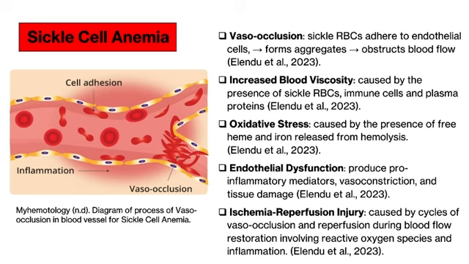Cycles of blockages and restoration of blood flow lead to further tissue damage due to reactive oxygen species. In conclusion, oxygen delivery is reduced and blood vessels can become blocked. So patients with sickle cell anemia tend to have a higher risk of complications that lead to strokes and heart attack.